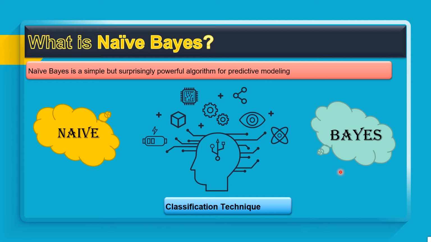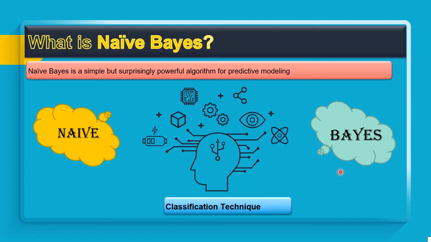In simple terms, a Naive Bayes classifier assumes that the presence of a particular feature in a class is unrelated to the presence of any other feature, even if these features depend on each other or upon the existence of the other features. All of these properties independently contribute to the probability of whether a fruit is an apple or an orange or a banana. So that is why it is known as naive.